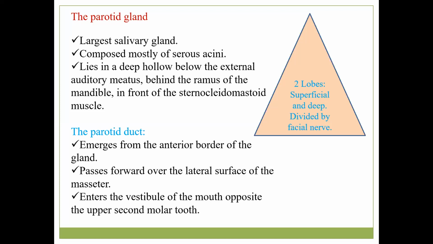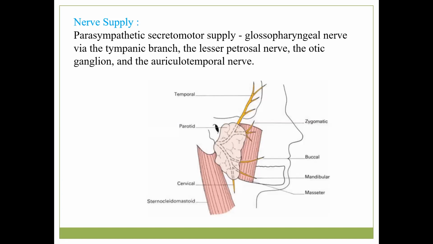The another one is the parotid duct. I have mentioned earlier the parotid duct enters the vestibule of the mouth opposite the second upper molar tooth. The nerve supply to the parotid gland comes from the glossopharyngeal nerve, lesser petrosal nerve, otic ganglion, and the auriculotemporal nerve.